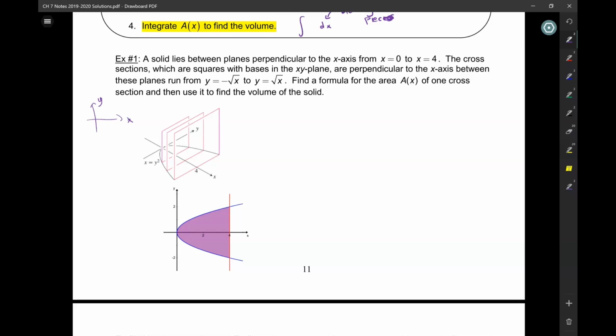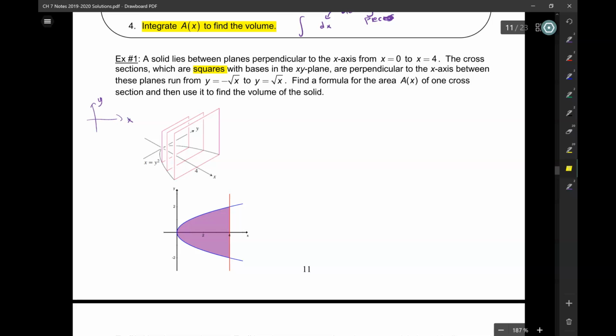Now the cross sections are squares with bases in the xy plane. Let me read that.